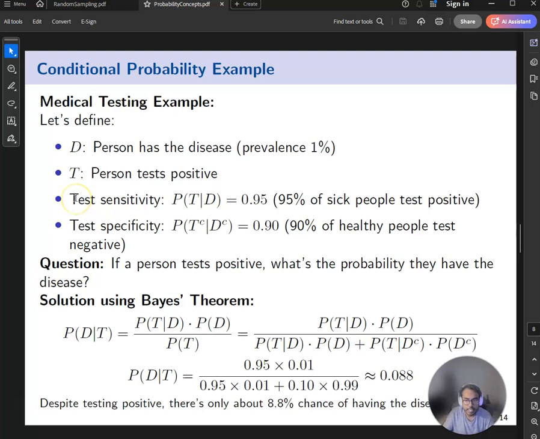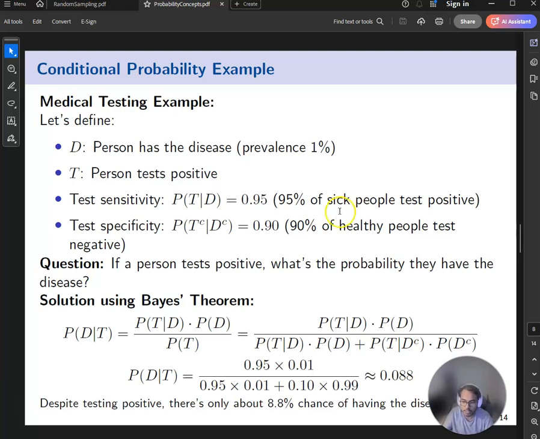Test sensitivity is the probability that a person with the disease will correctly have a positive result. So that is the probability of T given D, which is 0.95. 95% of the sick people test positive. Remember, the other 5% means that there's some chance that the test will throw a negative result for an actually sick person.